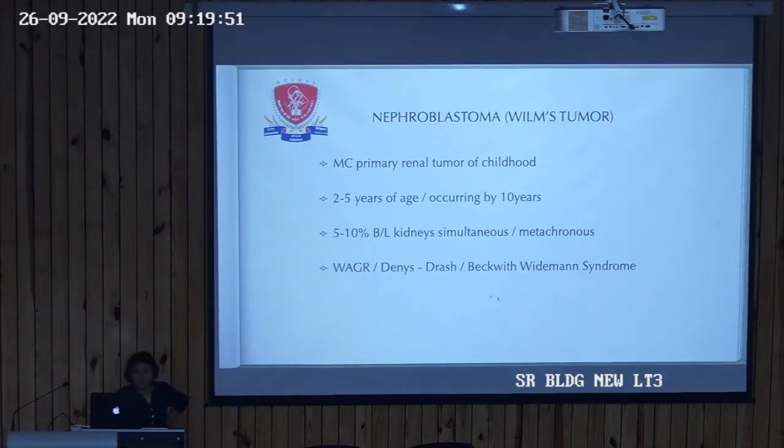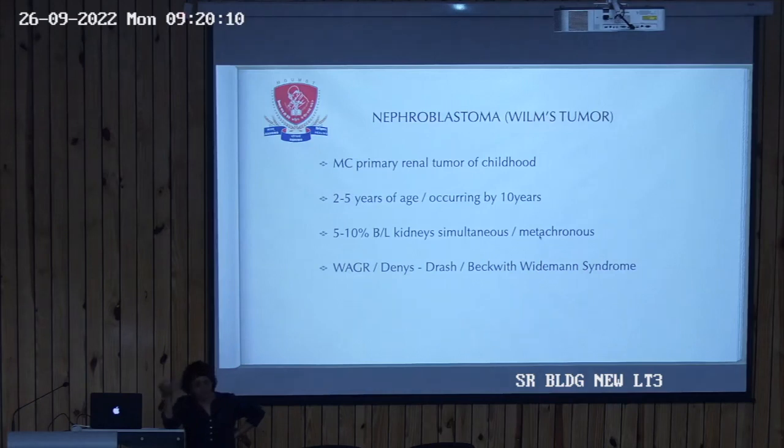Now what is the presentation of this? Here there is a bit of a tricky thing: both the kidneys might be involved, that is, bilateral kidney involvement, and in the same kidney there can be multifocal presence. That is known as metachronous. In a single kidney there might be 5-6 separate foci of the nephroblastoma.